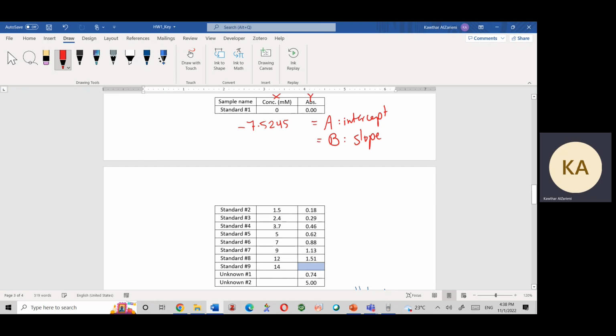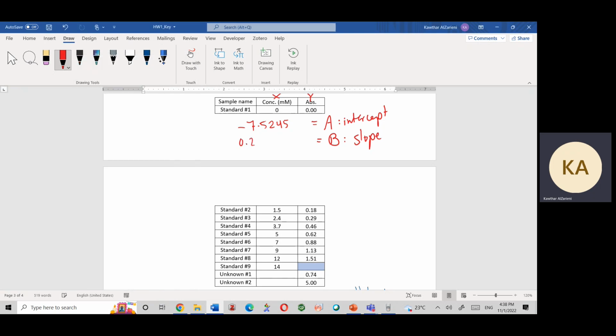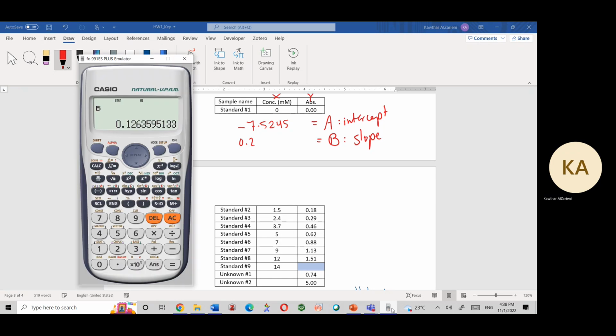The slope, which is B, I'm going to go back and hit Shift, Stat, Regression, and I'm going to choose B, which is number 2, and hit equals. So the slope is equal to 0.1264.